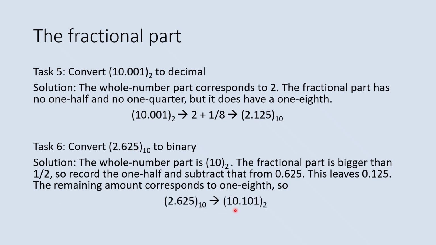And so 2 plus a half plus an eighth is written as 1, 0, and then the point. The 1 means the half, no fourths, and an eighth. So 2.625 is 10.101.